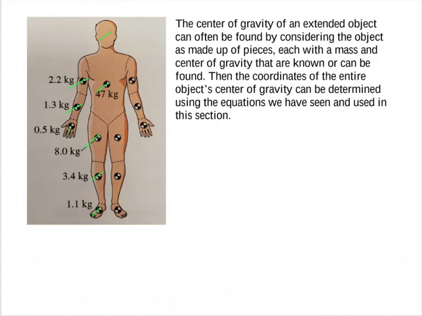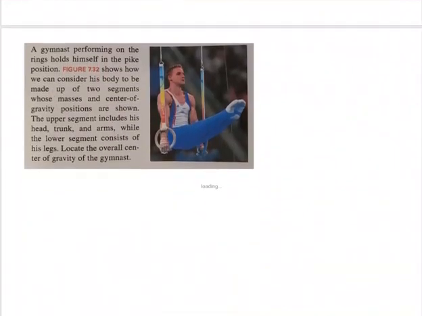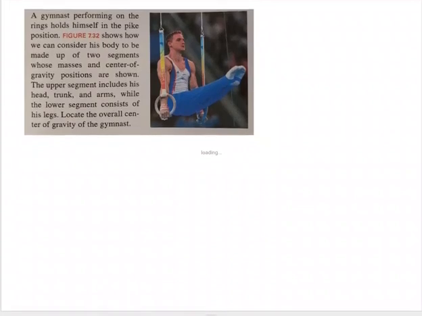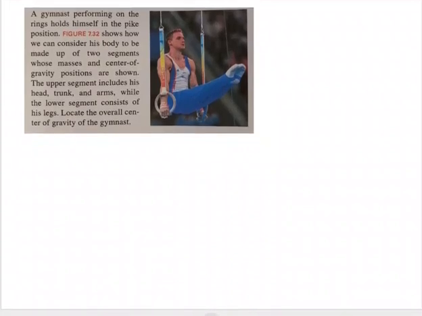Okay, so now the gymnast performing on the rings holds himself in the pike position. In order to do that, he has to line up his center of gravity so that he is directly lined up with the rings. If he doesn't do that, he shakes and wobbles and he's all over the place, and it doesn't look nearly as clean, and he loses points because of it.